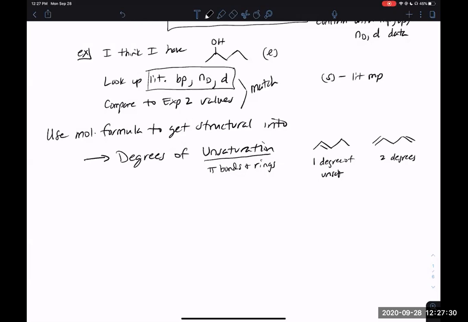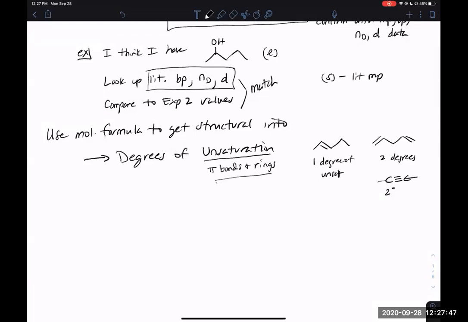Another thing that also has 2 degrees would be something with a triple bond, because that's 2 pi bonds, right? So that would also have 2 degrees of unsaturation. So it's pi bonds and rings.